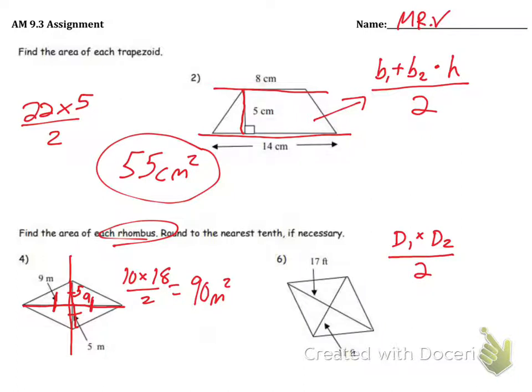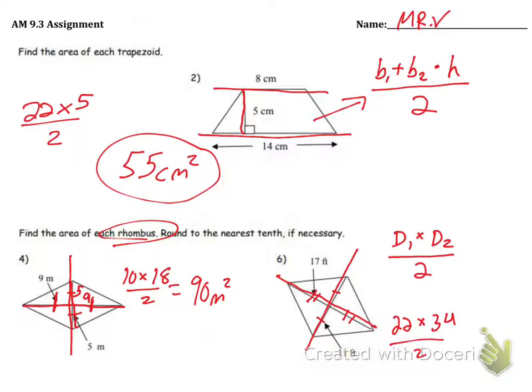For 6, if this is 11, that means this is 11. So this diagonal right here is going to be 11 plus 11, so that'd be 22. And then this other diagonal, if this is 17, this line here is going to be 17. So 17 plus 17 is 34. So we're going to multiply that by 34 and then divide by 2.